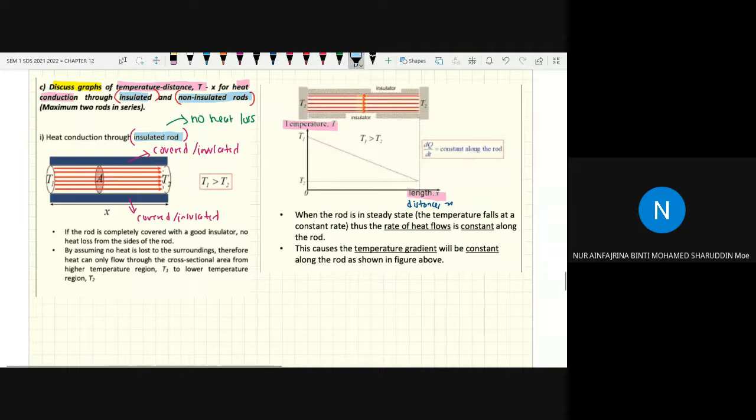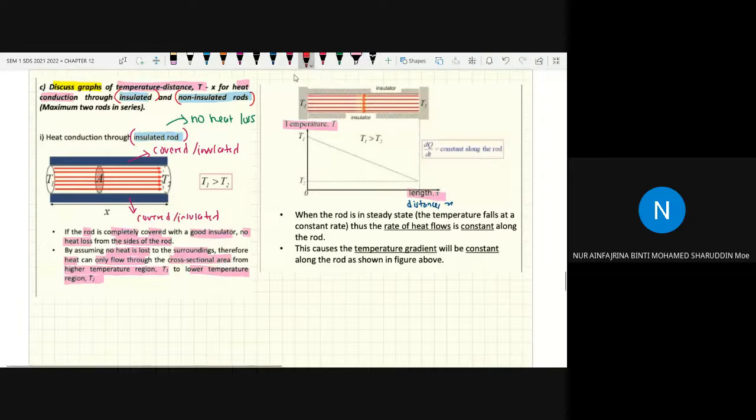Okay, sebab itu kalau kita baca ni, dia cakap if the rod is completely covered with good insulator, no heat loss from the sides of the rod. Maksudnya tiada kehilangan heat. Therefore, kalau assume no heat is lost to the surrounding, therefore, heat can only flow through the cross-sectional area from higher temperature to lower temperature.